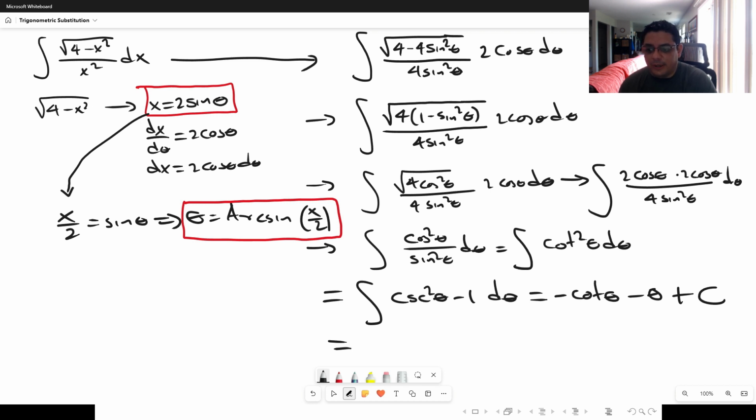So to be able to find cosine, the easiest thing that I can do is get my triangle, get the right triangle, and remember that the sine of theta, thinking of a right triangle with an angle theta here, is opposite over hypotenuse. So this is x, this is the hypotenuse equal to 2, and so from there we can find out what this is.